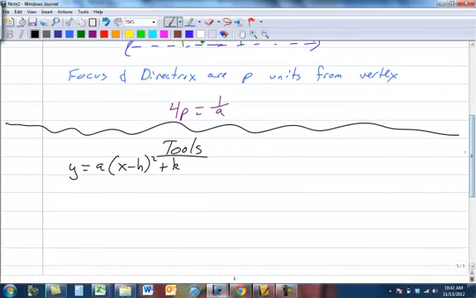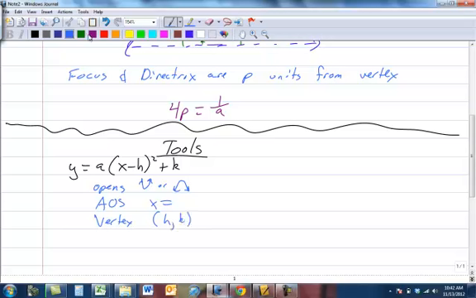This one opens up or down, depending on what a is, right? If a is positive, it opens up. If a is negative, it opens down. The axis of symmetry is x equals whatever the x coordinate was, right? And the vertex is at h comma k.